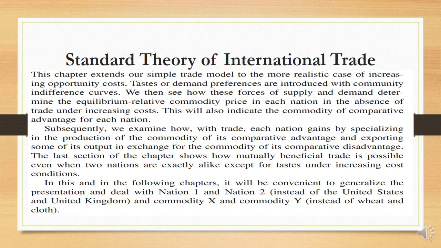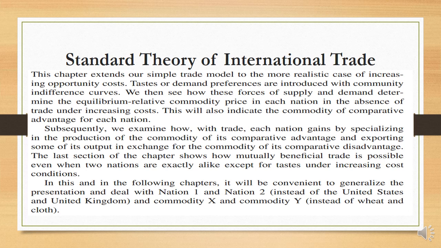The last section of this chapter shows how mutually beneficial trade is possible, even when two nations are exactly alike except for taste, under increasing cost conditions. So this topic we will discuss in the next lecture.